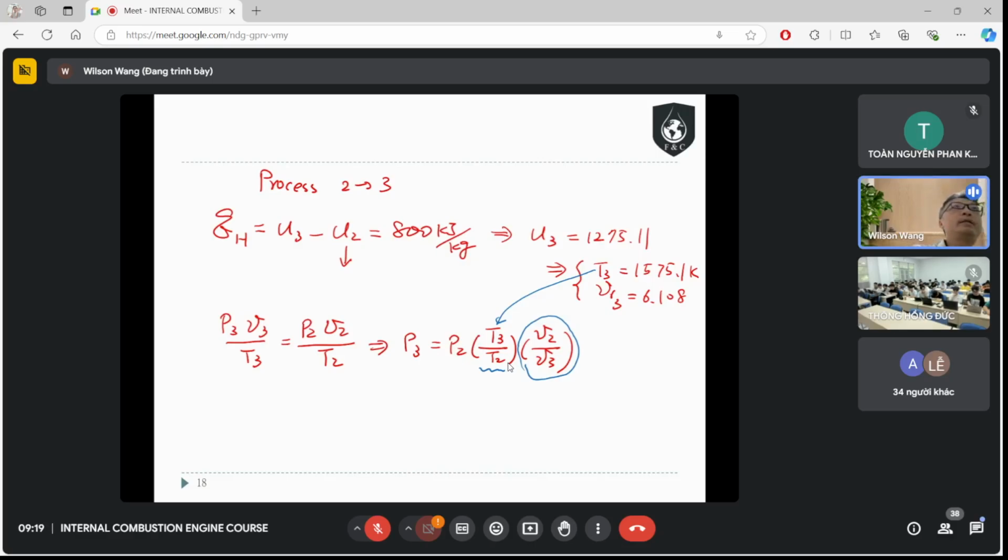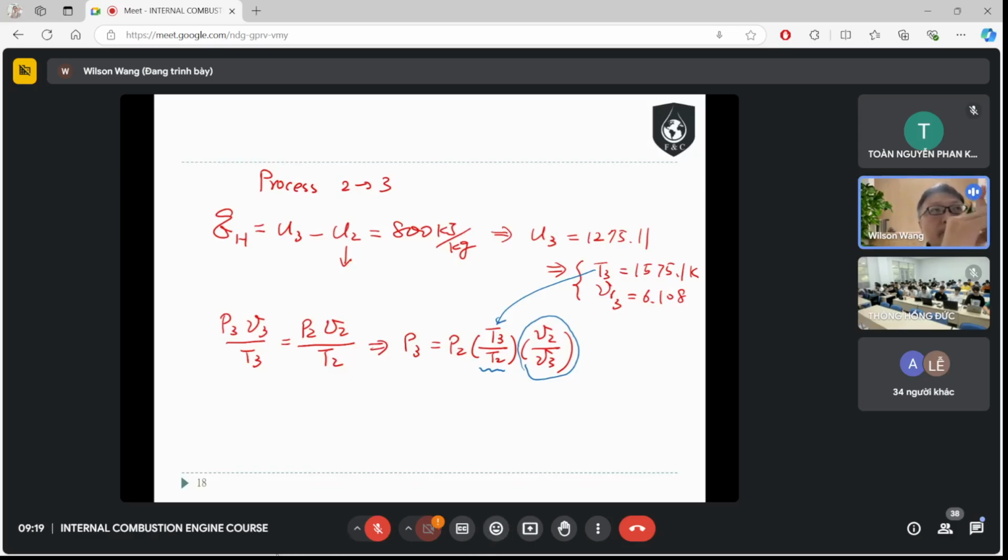So if you study some combustion experiment, they might use some constant volume combustion chamber to test, for example, the ignition delay or ignition temperature, or heat release rate.